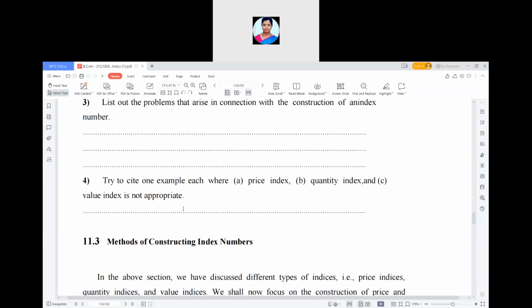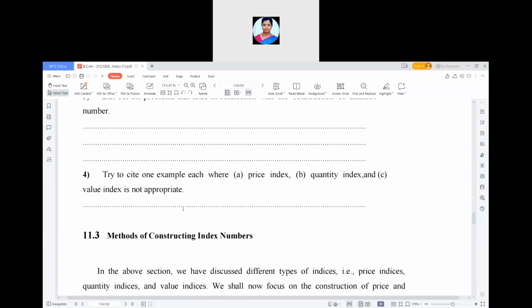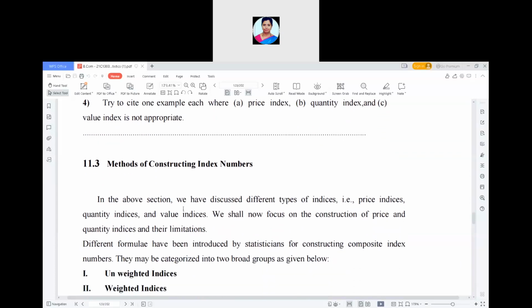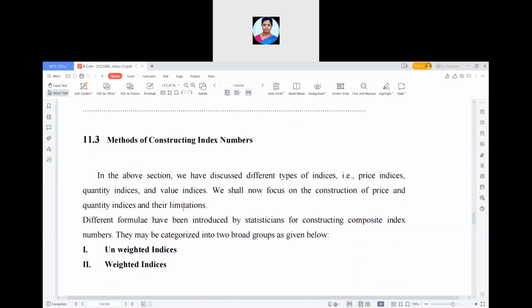And then in this next one, we are going to see, just recalling what we have seen, the three main indices we have listed. The first one is the price index, the next one is the quantity index, and the third one is the value index.